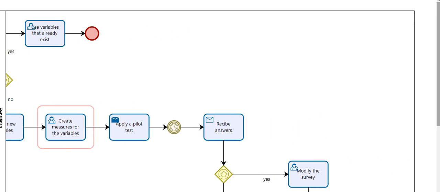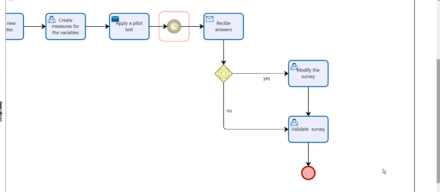Okay, and then when you have created your variables, you apply a pilot test of the survey. You test your survey on a percentage of your sample or your target population. This will take time to receive the answers, and then when you receive the answers, you can validate your answers.